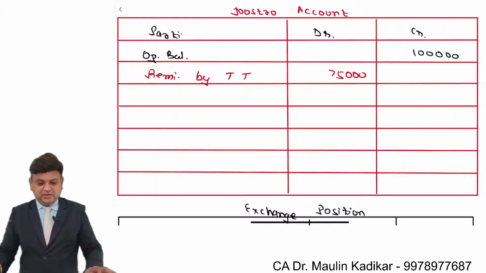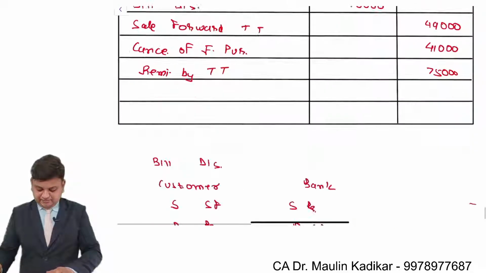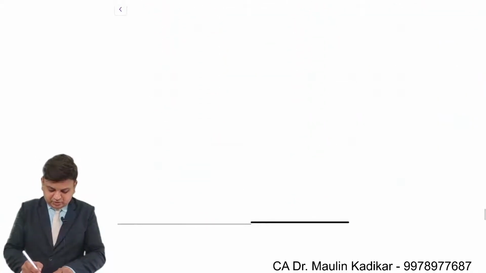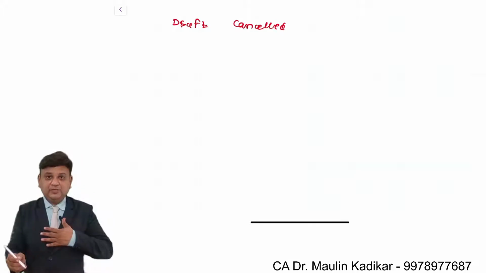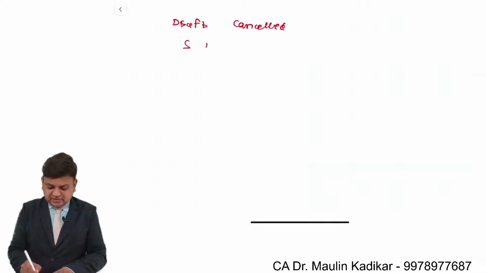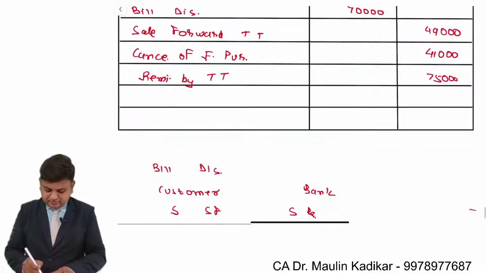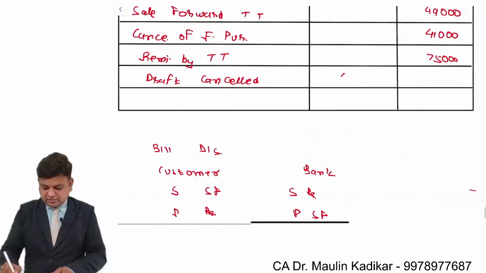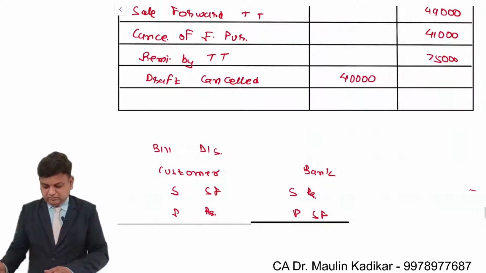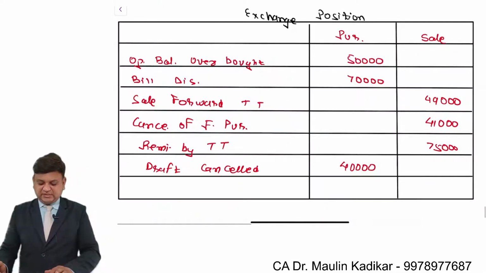Next, draft on Zurich cancel. So the draft cancelled. From the bank's point of view, it is a sale of rupees and purchase of Swiss franc. That is an amount of 40,000. This is the way we will have the exchange position.